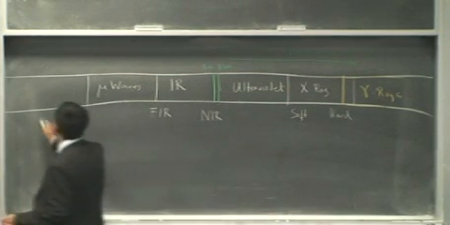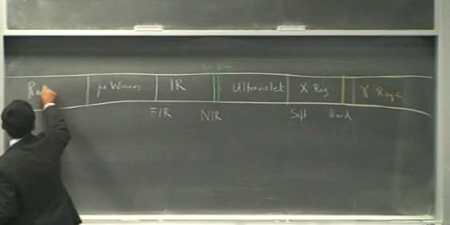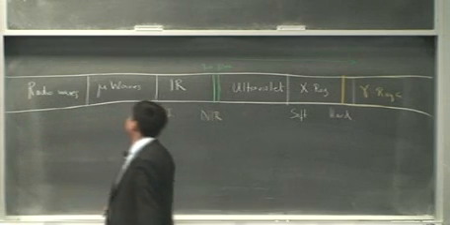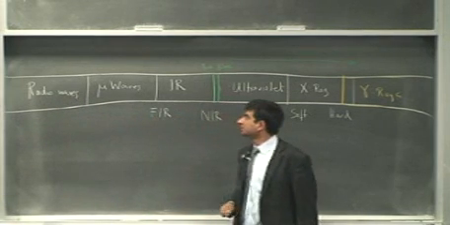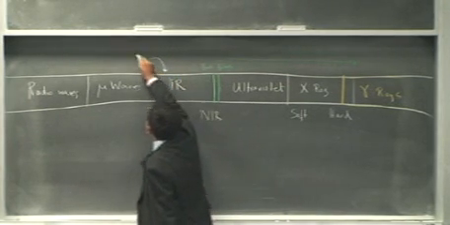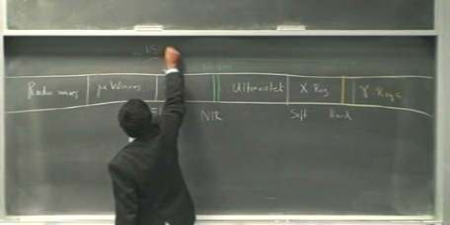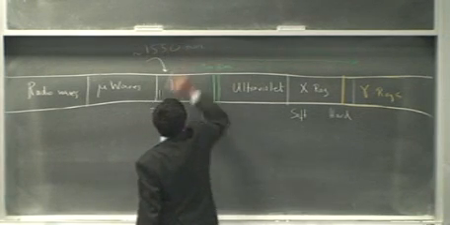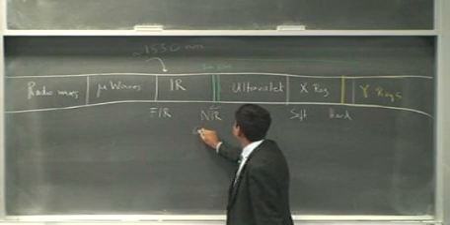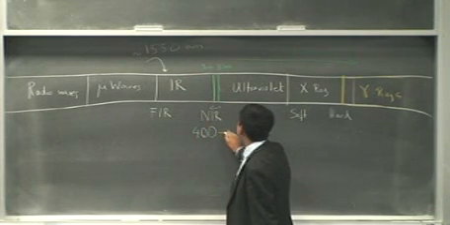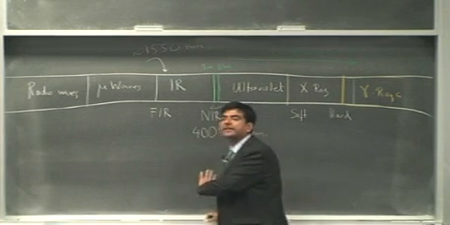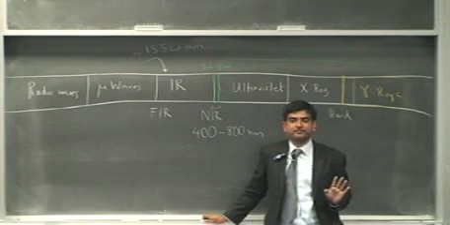And then we have radio waves. All telecommunication takes place somewhere here, around 1550 nanometers. This is the range between 400 and 800 nanometers, and so on. So this is the entire electromagnetic spectrum.